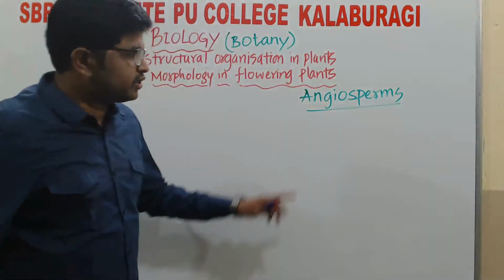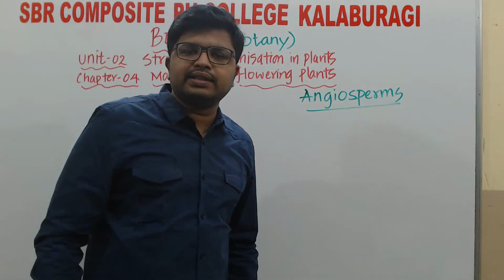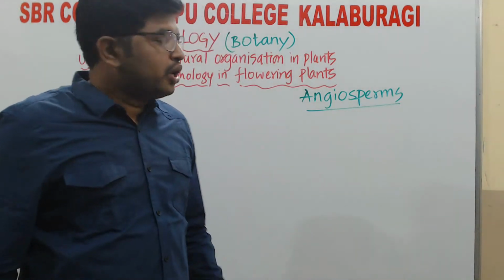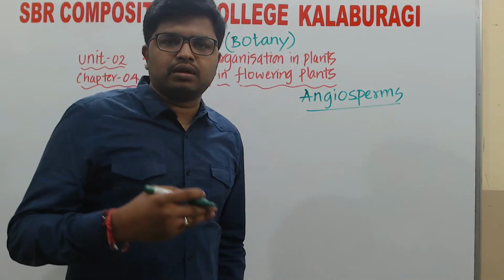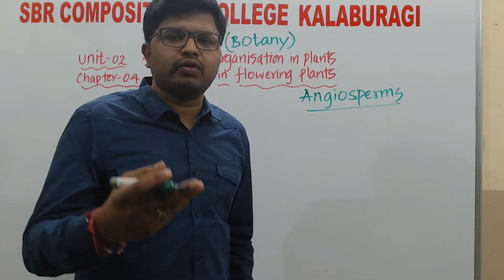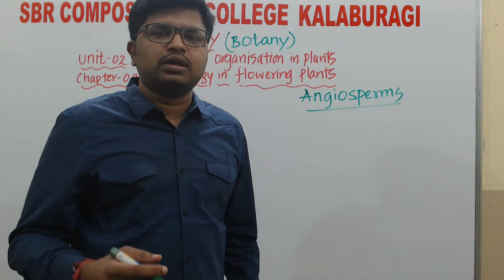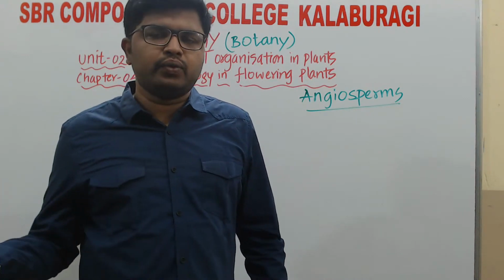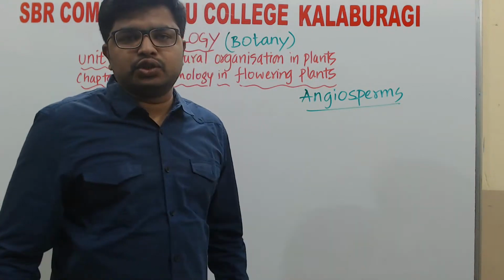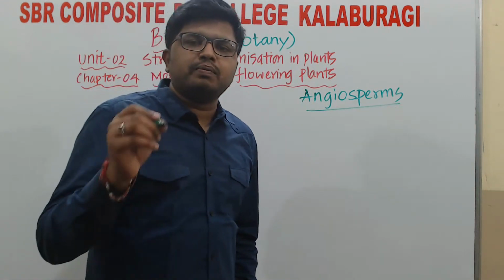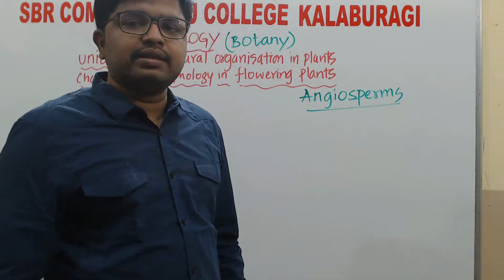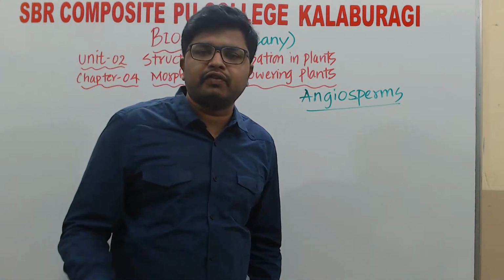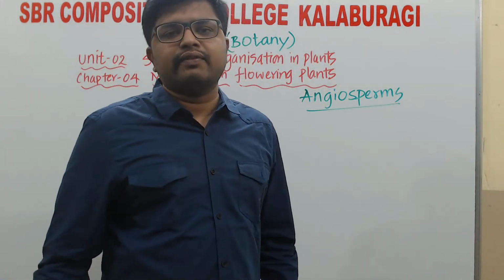As I said, this is one of the largest groups, as well as found in wild habitats. Most of the beneficial things, whatever is the food, the medicine, the fodder, or the fuel, all we get from these angiosperms. They are considered to be the most evolved plant species because they reproduce with the help of a specialized structure, that is the flower.